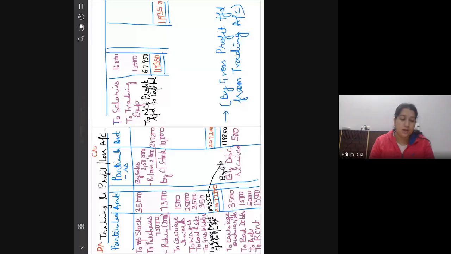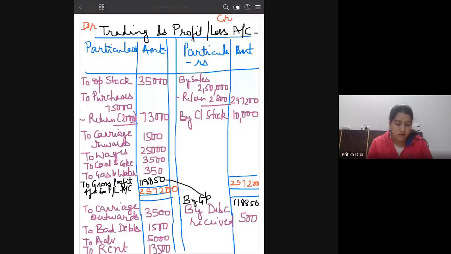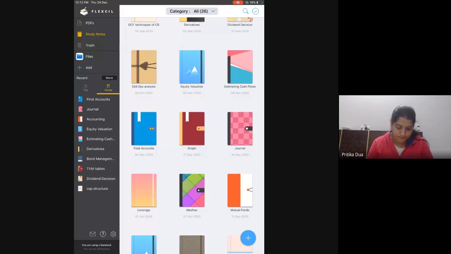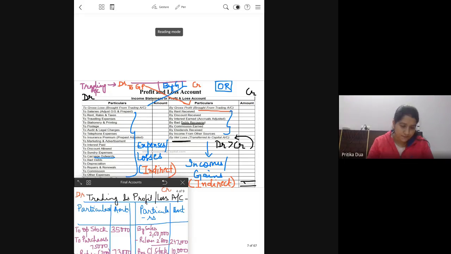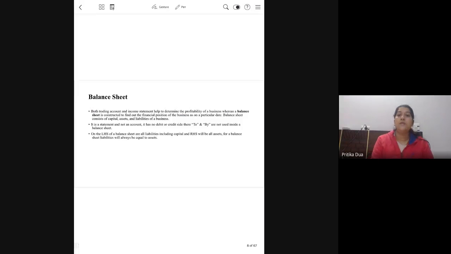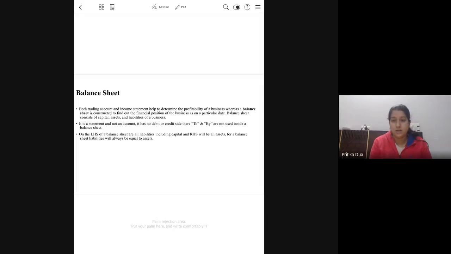Okay. So we move to the balance sheet then. Okay. So class, please pay attention. Balance sheet shows you the financial position of the business on a particular date, which is generally the end of the financial year, that is 31st March.